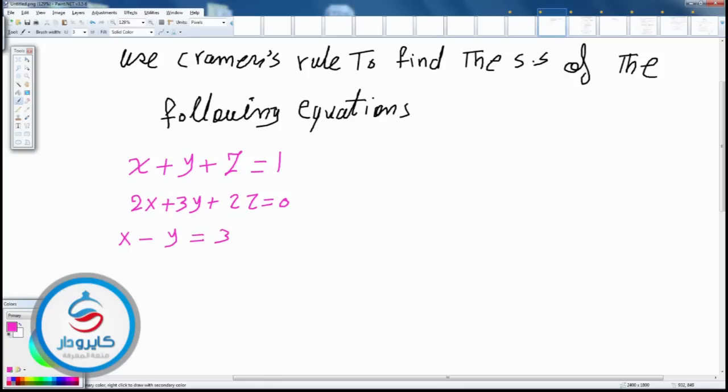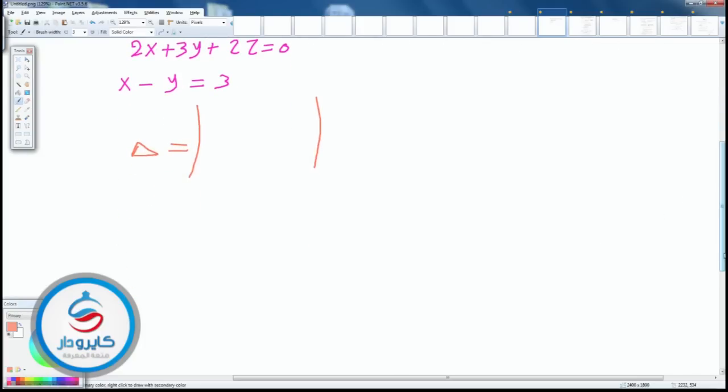First of all, we have to make the determinant delta of coefficient, and we have to simplify it together. First, it will be 1, 1, 1, 2, 3, 2, 1, negative 1, 0.